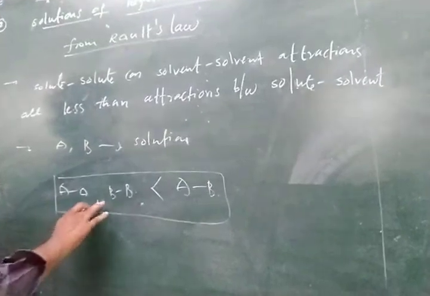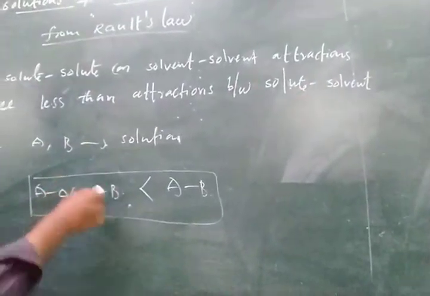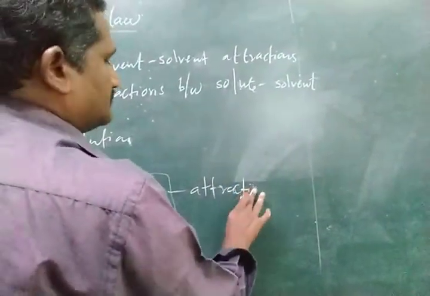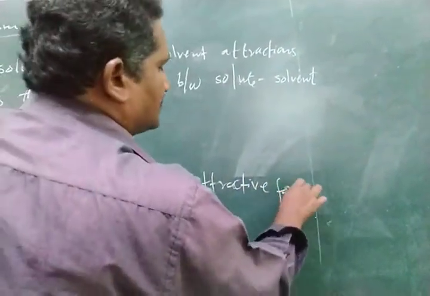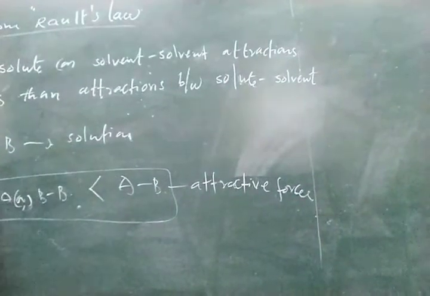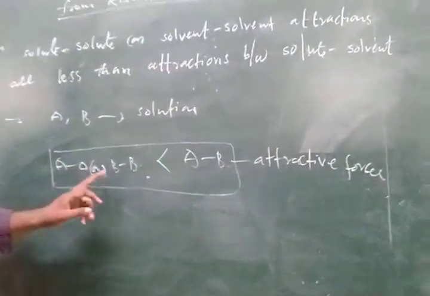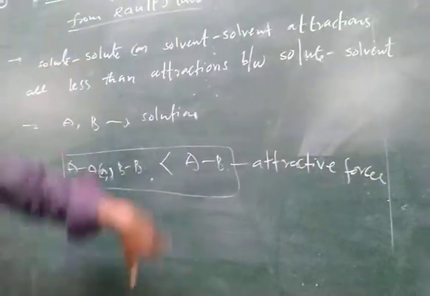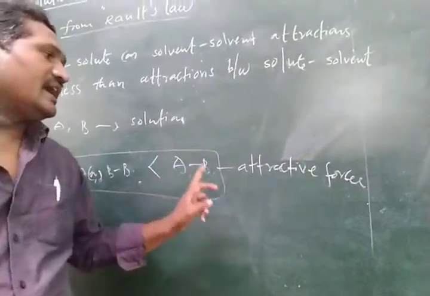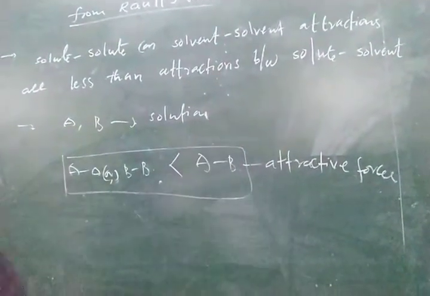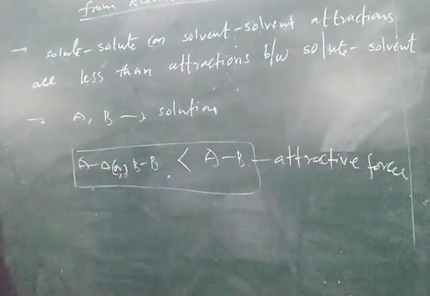These are the attractive forces. Before addition of A and B, the attractions are between AA and between BB. After mixing, the attractions between A and B are more. AB is strongly attracted compared to AA and BB attractions.